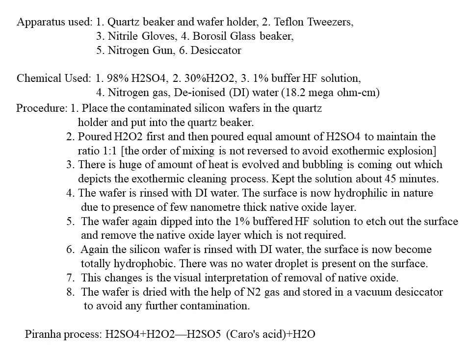In industry, they use a 1:3 ratio for their requirement, but in our lab we are making 1:1. But keep in mind that we are first pouring H2O2 and then H2SO4, not the reverse.